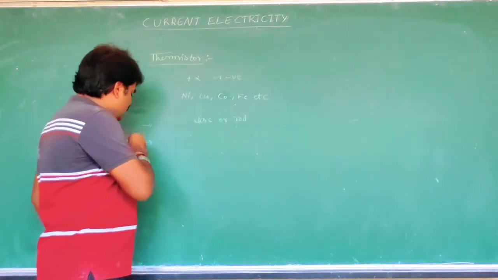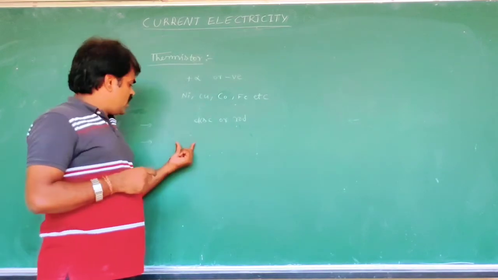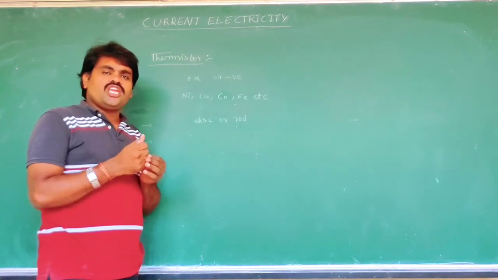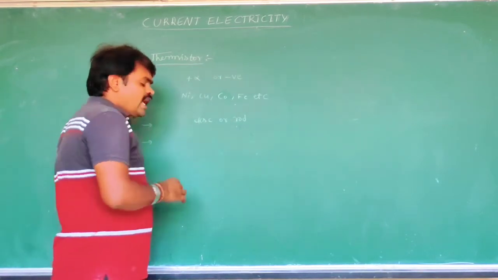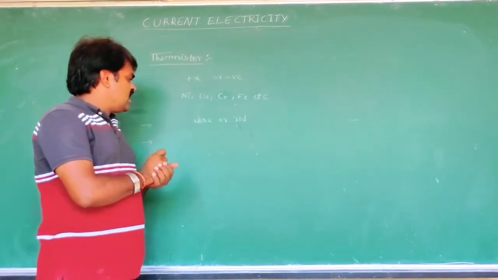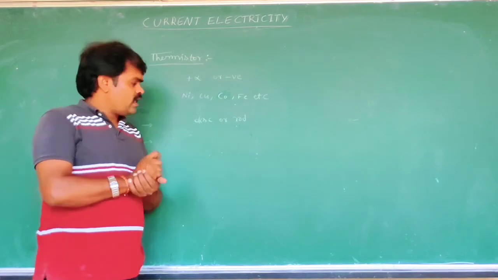A pair of platinum leads is attached to the two ends of a thermistor for electric connection. This device is shielded by glass tubes.